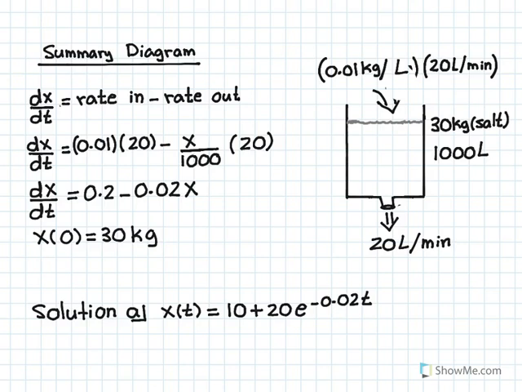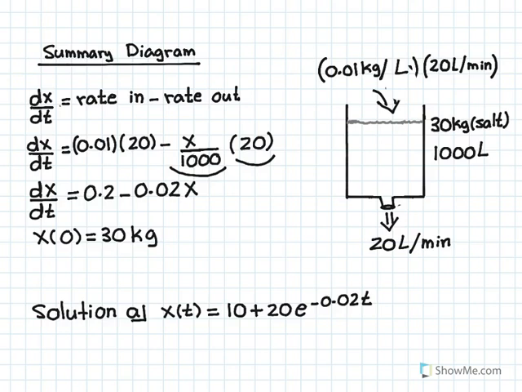What is the rate of salt that's exiting the tank? That's going to be the concentration of salt at time t multiplied by the amount of solution that's leaving, which is 20 liters per minute. So this setup is really the key.